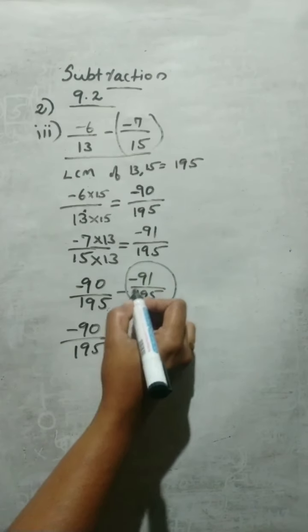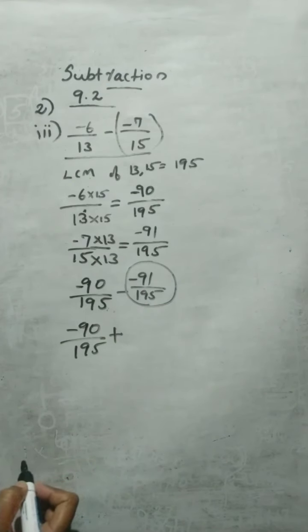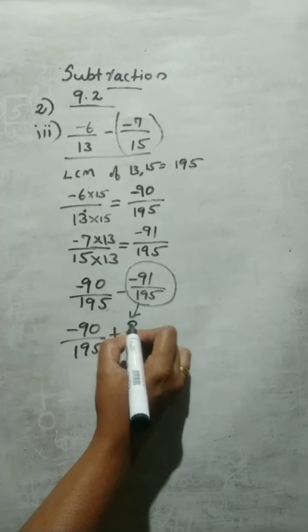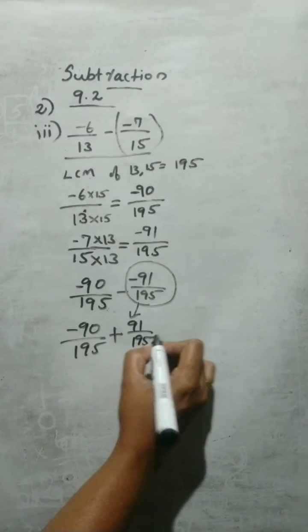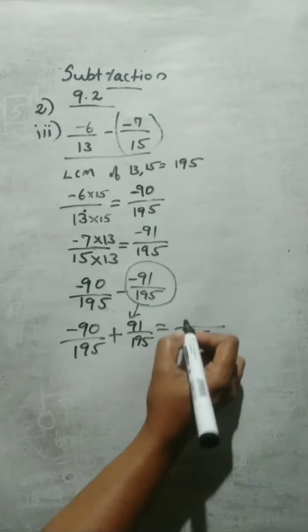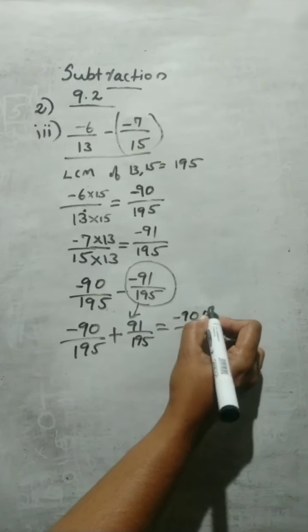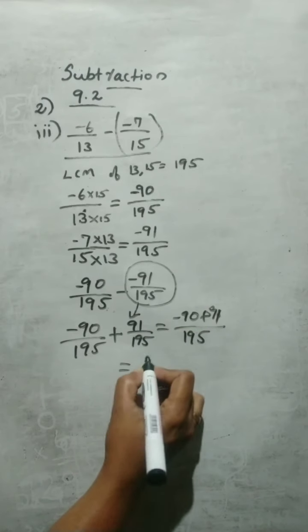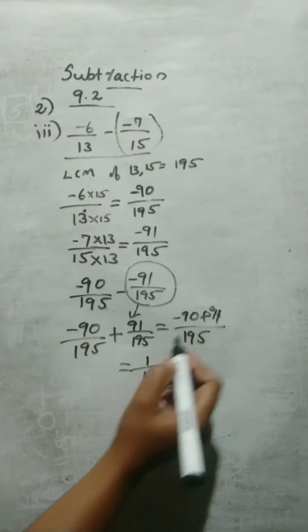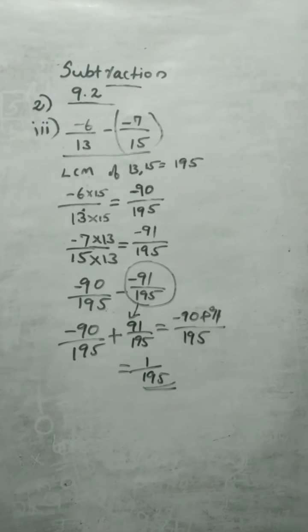The additive inverse of negative 91/195 will be positive 91/195. So we write 195 as the denominator, then minus 90 plus 91. What is it? 1/195, because the sign of 91 is positive.